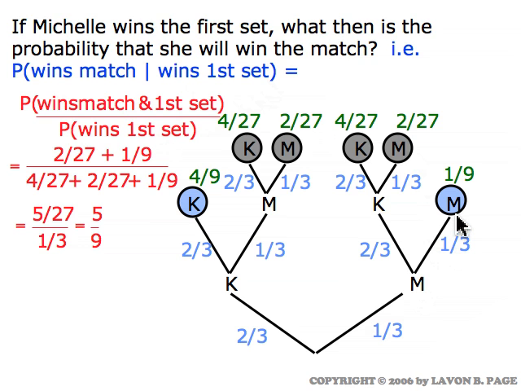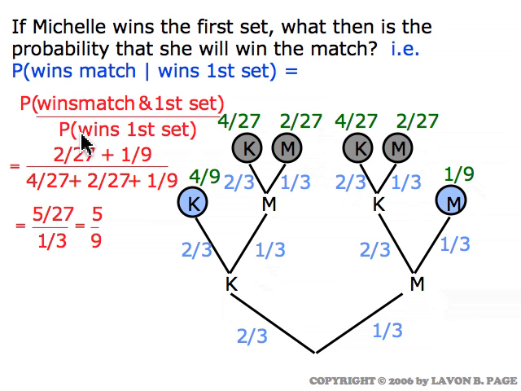Here's another case where Michelle wins the match and wins the first set. The only remaining case where Michelle wins the match shows her losing the first set to Kim. So these are the only 2 outcomes that fit the numerator here. So the probability in the numerator is this probability plus this one.